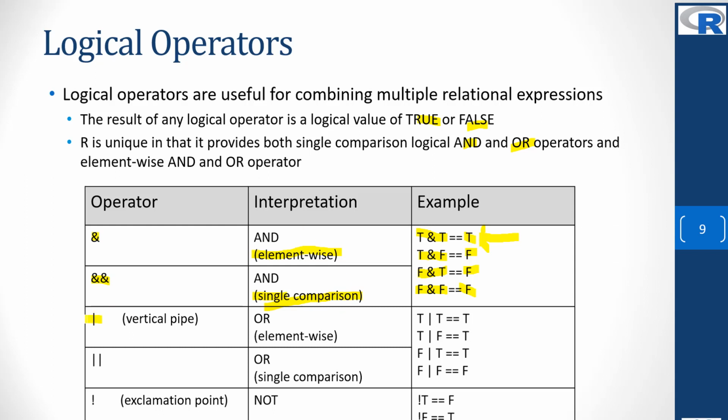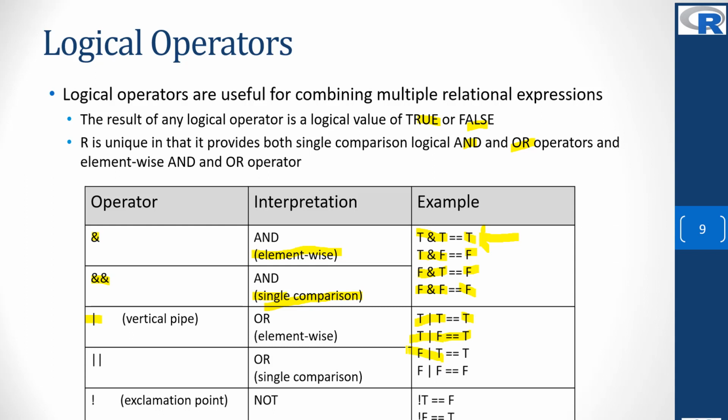Continuing on here, we have the logical OR. That's the vertical pipe. This is the key above the backward slash on most keyboards. Logical OR is what I call the optimistic logical operator because when you combine relational expressions, only one of them has to be true for the entire expression to be true. So two relational expressions that are true, true and false, or I should say true or false. One of them is true, so the whole expression is true.